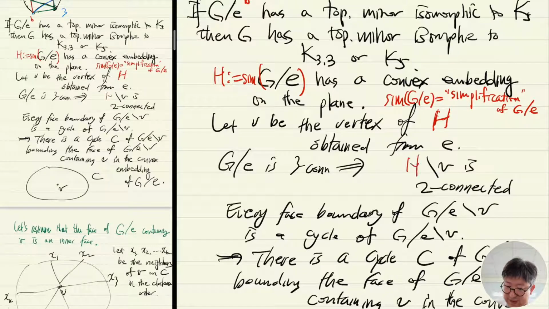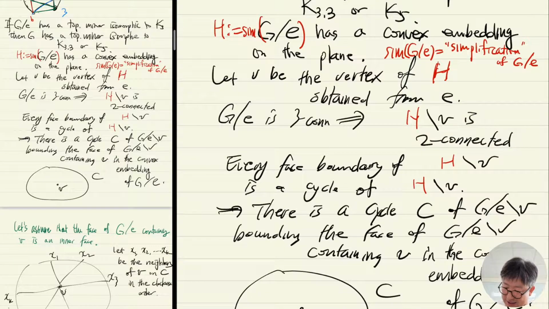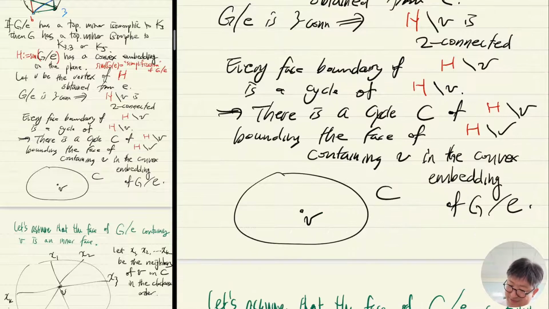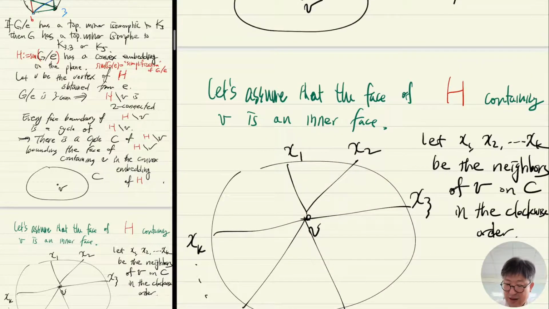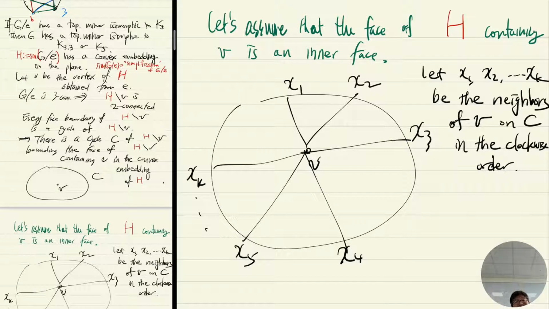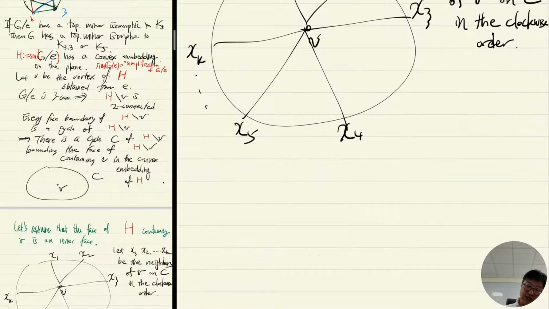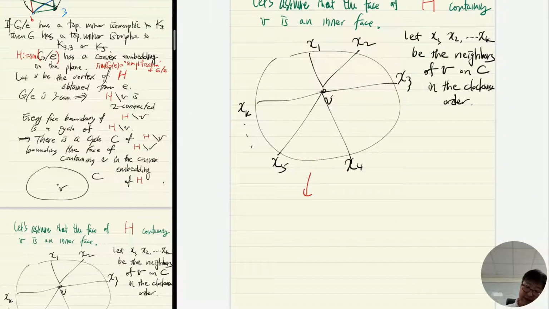And H delete V is 2-connected. All right, so now we have this clockwise order. But V was obtained by contracting XY, so in G it was like this.